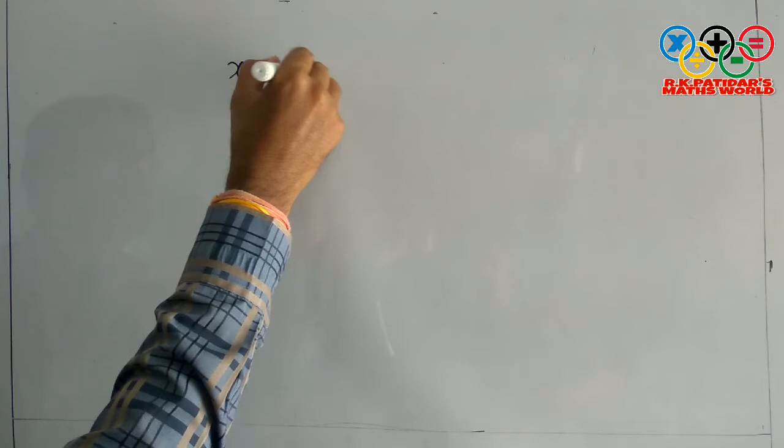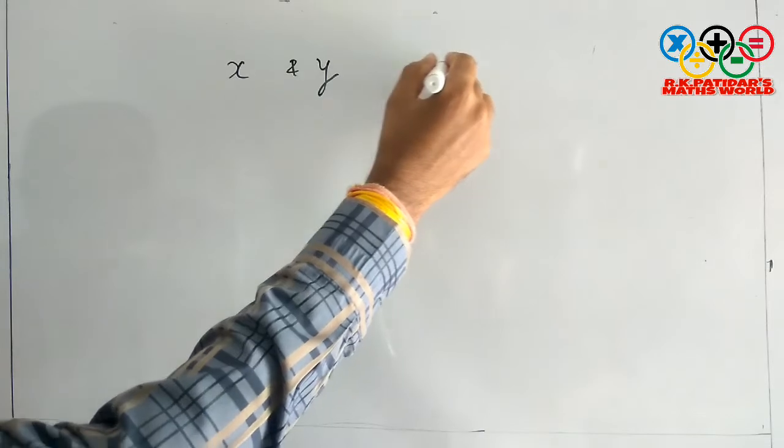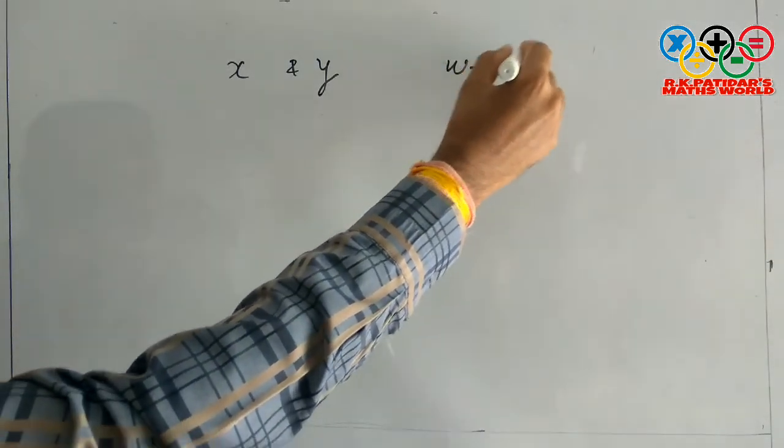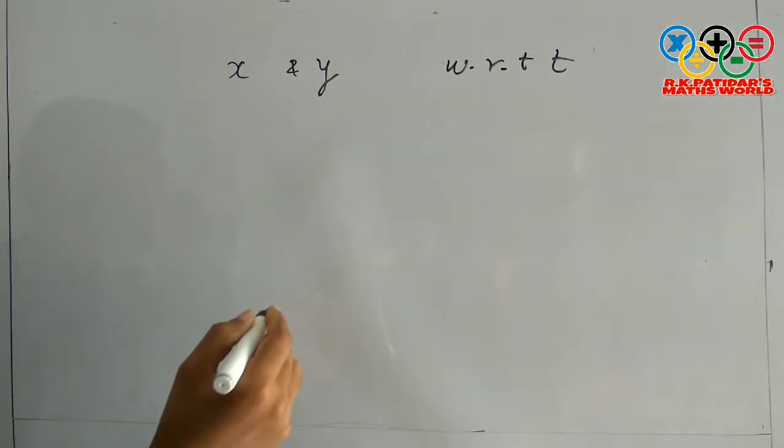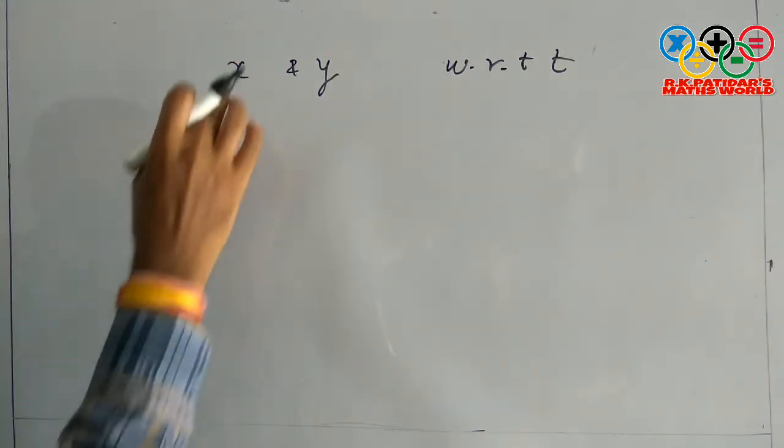Further, we will discuss two variables. Suppose x and y are two variables, and both vary with respect to another variable t, and we have to find the rate of change of y with respect to x.